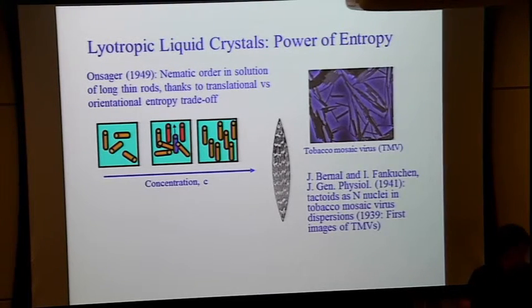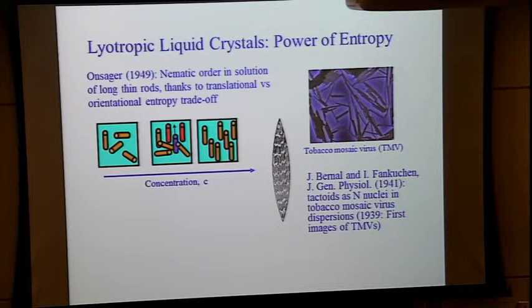And in fact, he was inspired by the experimentalists Bernal and his colleague Fankuchen, who observed the water solutions of tobacco mosaic virus. They found out that at certain high concentrations of this tobacco mosaic virus, they form birefringent elongated droplets. And the viruses inside these droplets, which are kind of rod-like entities, are apparently oriented from one pole to the other.